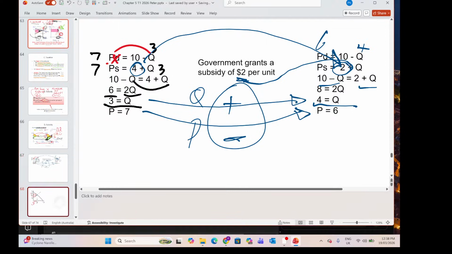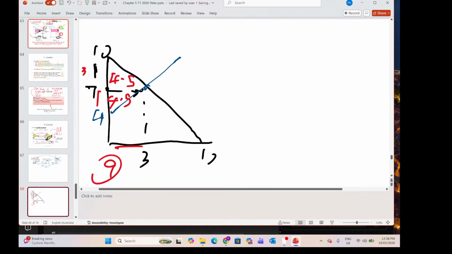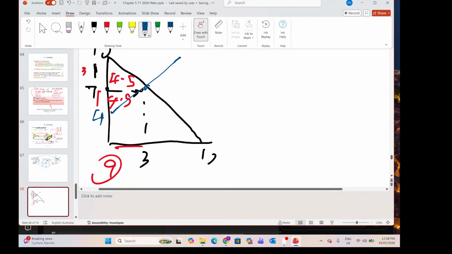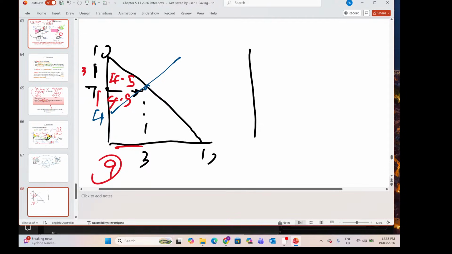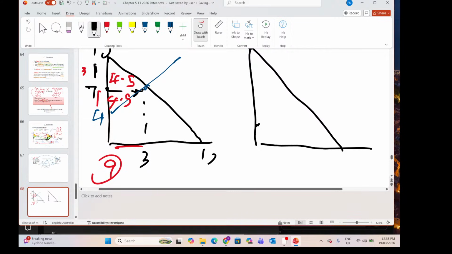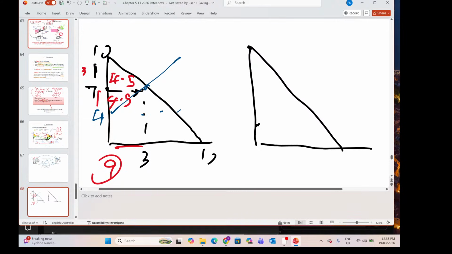And so on our diagram, we can then draw our new diagram. Here's our diagram. It starts at 10, goes to 10, but now our supply curve does not start at 4. It starts at 2.